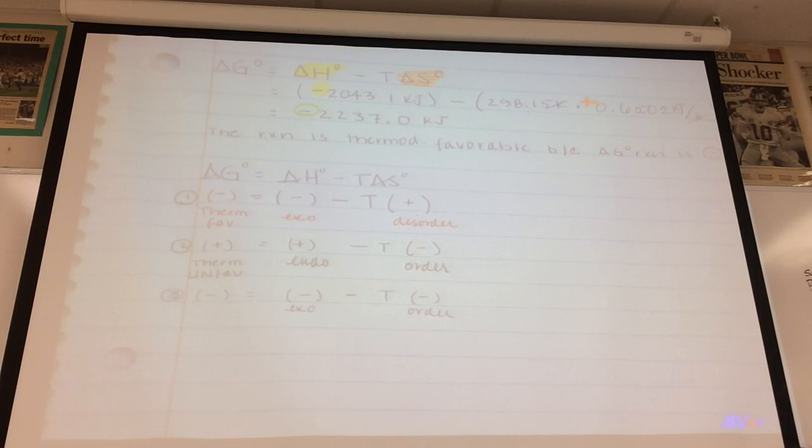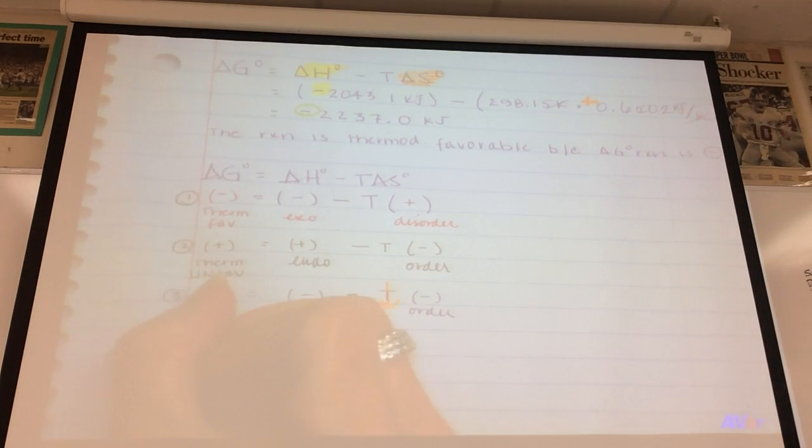If the exothermic reaction is larger. If this is more negative than that. So you can get a thermodynamically favorable reaction if the enthalpy term predominates, and you can get that at low temperature. Because at low temperature, entropy won't be as critical. And then you can have a thermodynamically favorable reaction.